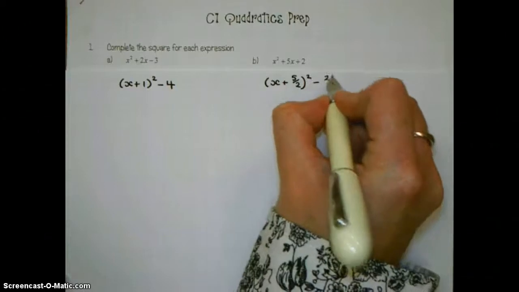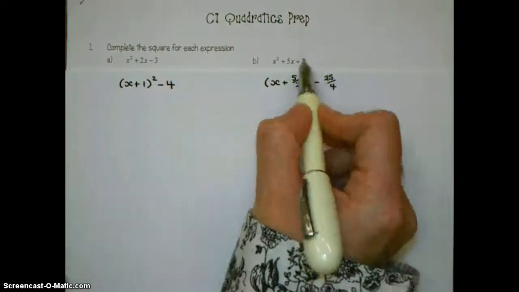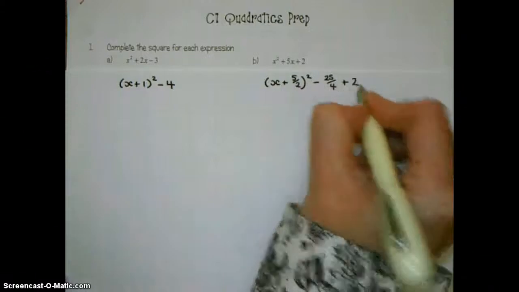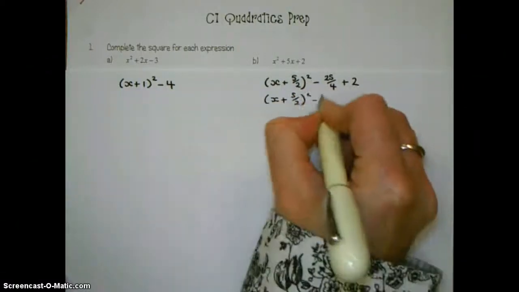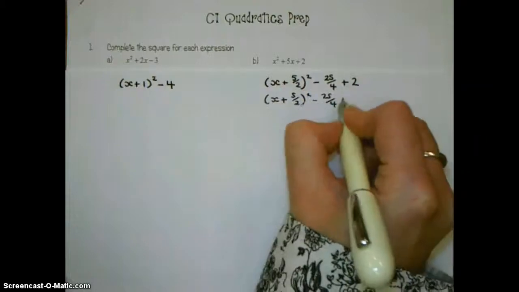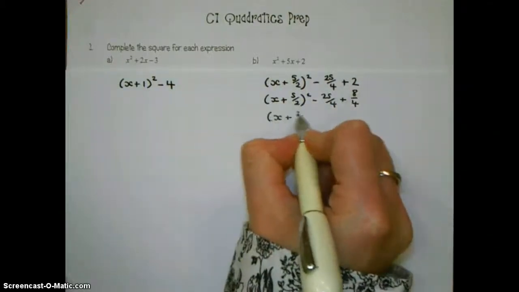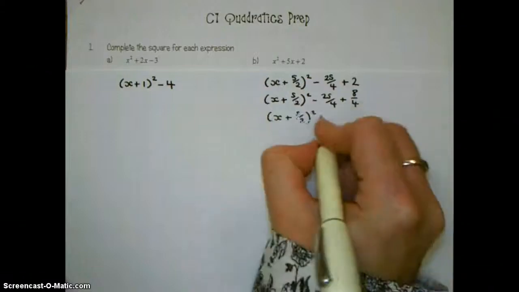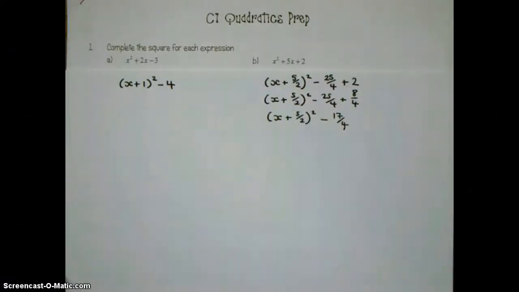So let's get rid of that 25 over 4, so we've got to 0, and then I want to get to 2, so I'll add on 2. So I'm going to have x plus 5 over 2 squared minus 25 over 4. 2 is the same as 8 over 4. So minus 25 plus 8 is minus 17 over 4.